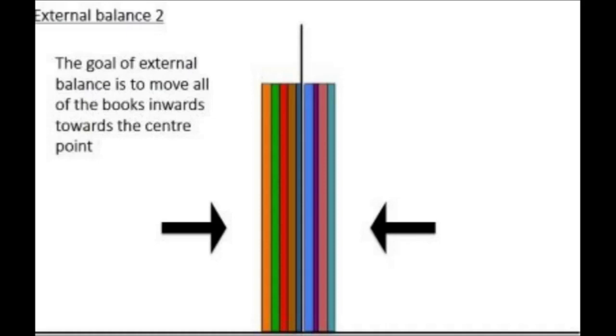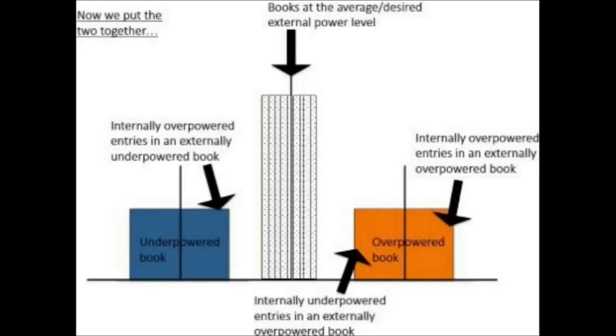And now we are putting both together. We've got the army books in their distance to the average power level, to the desired power level, and we've got each entry of the book. If we look at the blue book, we've got a book which in total underperforms. And in that we've got some units which are still, compared to the other units of that book, the best bang for the buck or for the points.